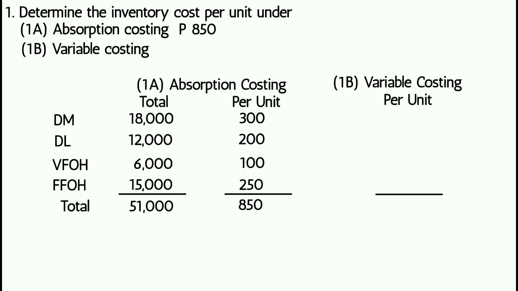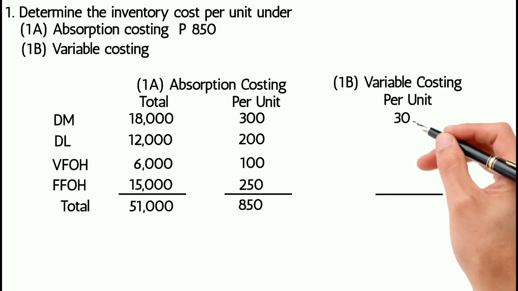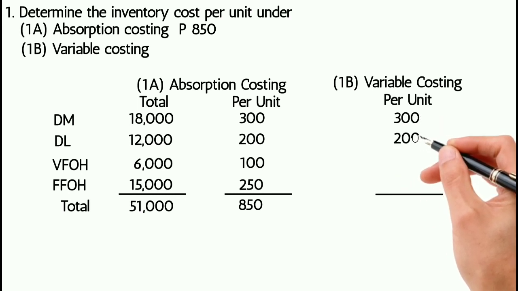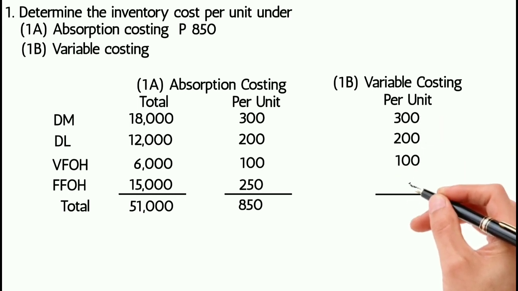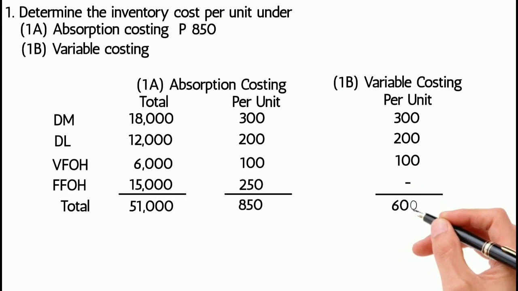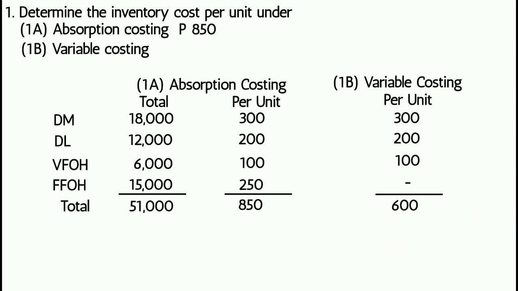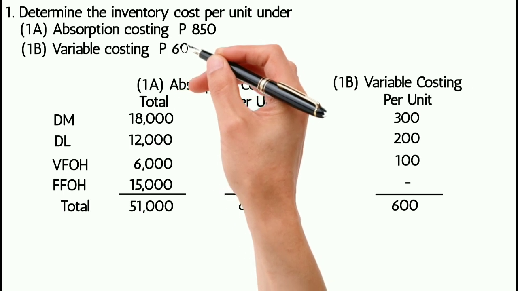Pero sa variable costing, since ang fixed factory overhead ay period costs, hindi siya kasali sa computation ng inventory cost per unit. So that means 300 plus 200 plus 100, that is equal to 600. So ang inventory cost per unit natin under variable costing ay 600 pesos.